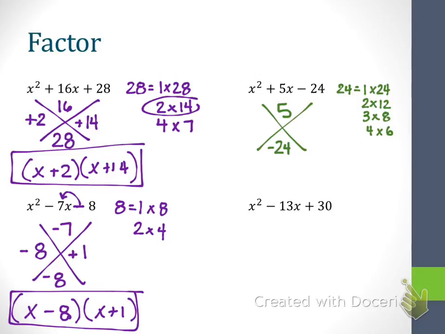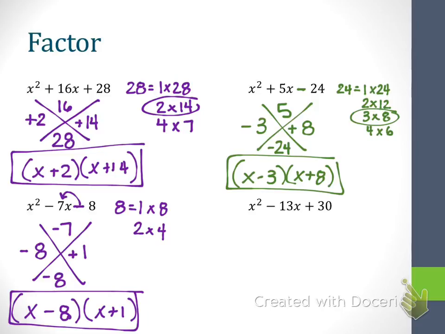I'm going to look at 24 and I ask myself, okay, oh, it's negative. So it's going to have to subtract to give me 5. So I look down my list and I say, okay, 3 and 8. Those subtract to give me 5. 5 is a positive, so that means 8 is going to be positive, the biggest number, and 3 is going to be negative. So I'm going to do x minus 3, x plus 8.